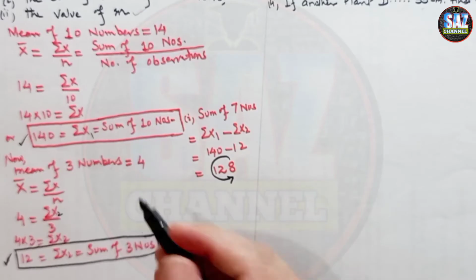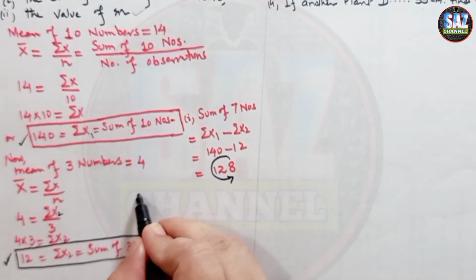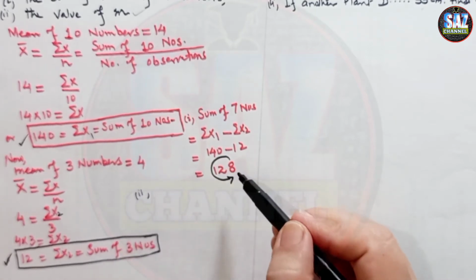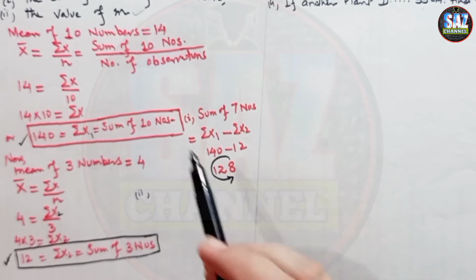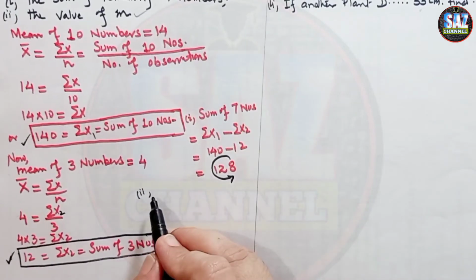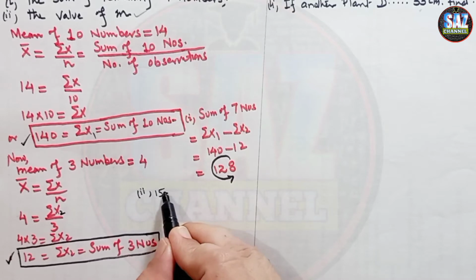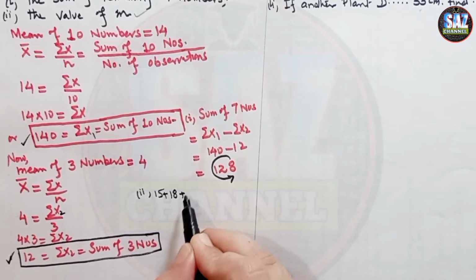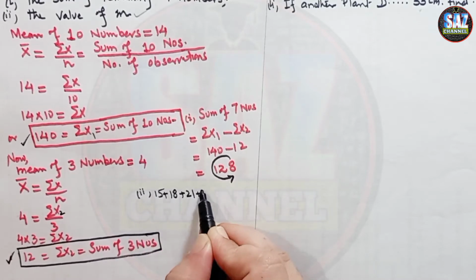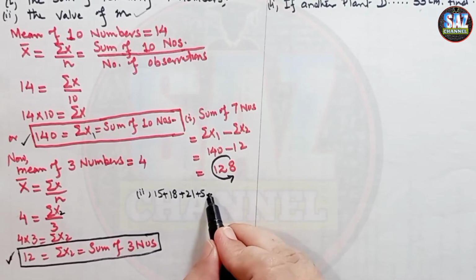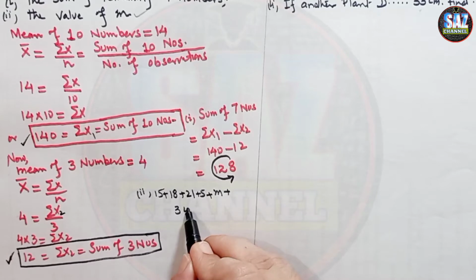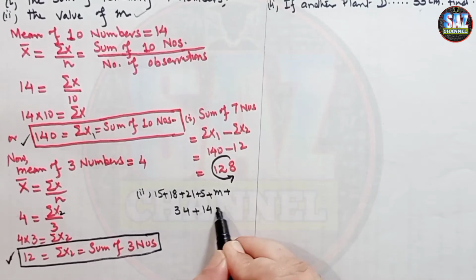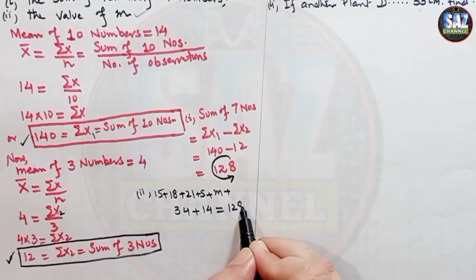In order to find the value of m, we have to make an equation: the sum of these 7 numbers has to be equated to 128. So 15 plus 18 plus 21 plus 5 plus m plus 34 plus 14 equals 128.